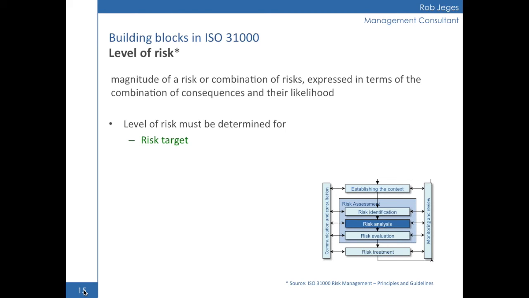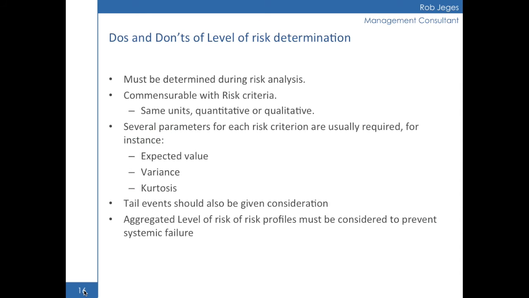It may well be that the product, what we call the expected value of risk, is one of the levels of risk, one of the criteria, but the variance and various other elements can also be a part of it. So there are a few hints here on the things that you should or shouldn't do when you're determining level of risk.